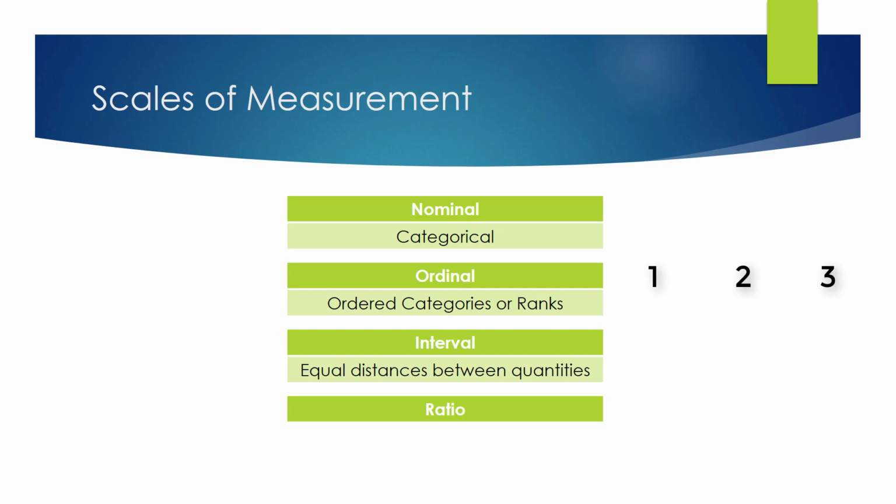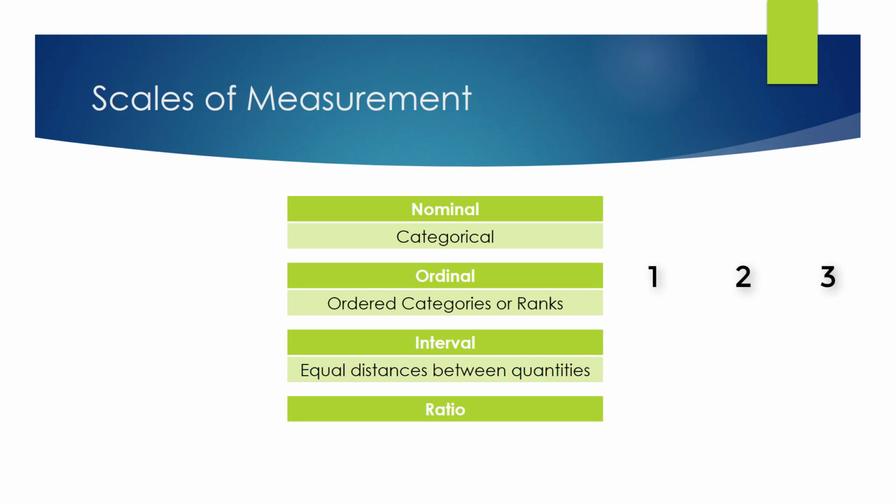But it may very well be that the first person runs a mile in 6 minutes, the second person runs a mile in 6.5 minutes, and the third person runs a mile in 8 minutes. Now, as you can see there is not equal distances between those individuals. There's 30 seconds between first and second place, 6 and 6.5 minutes, but there's a minute and a half between 6.5 minutes and 8 minutes, so second and third place.